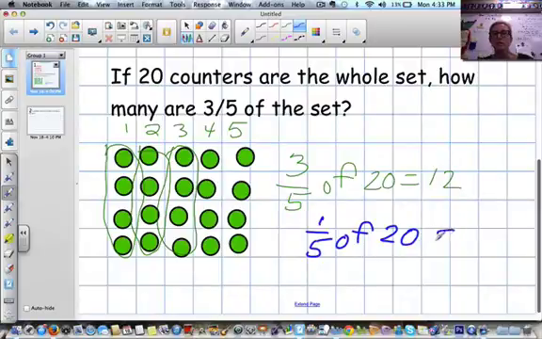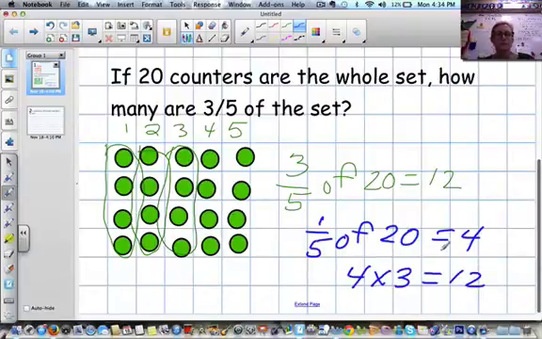Well, 1/5 of 20 equals 4, because 5 times 4 is 20. And then once I know what 1/5 is, all I have to do is triple that number to get to 3/5. Because if 1/5 is 4, then 4 times 3 gives me 3/5, which is 12. All right, so that's a relatively simple problem, and I'm sure that you're going to do great on that tomorrow.